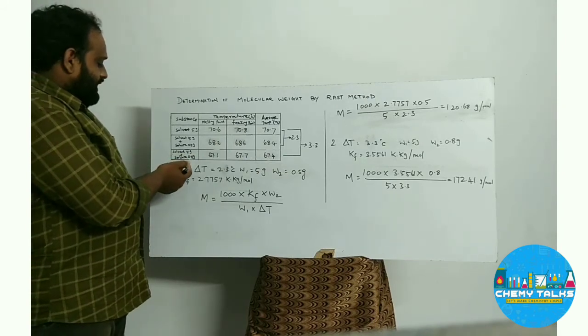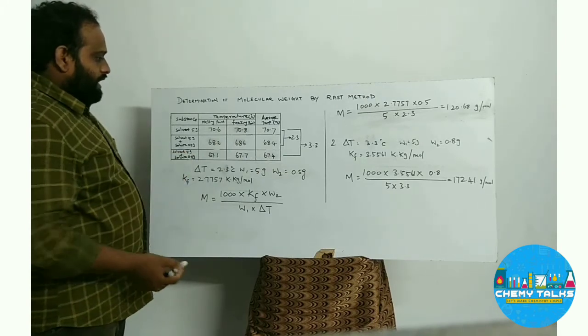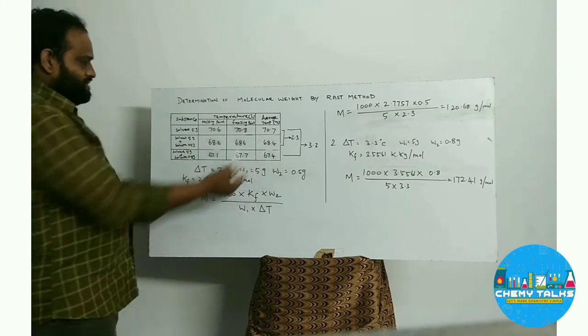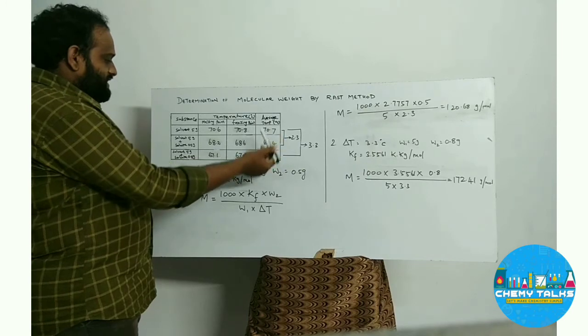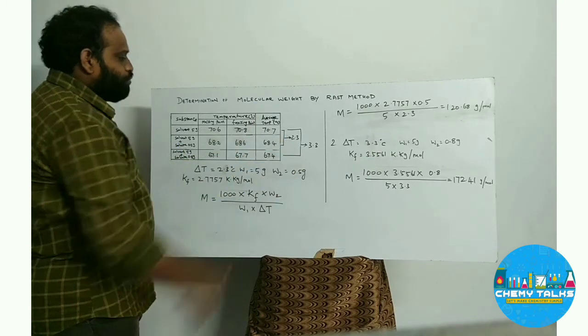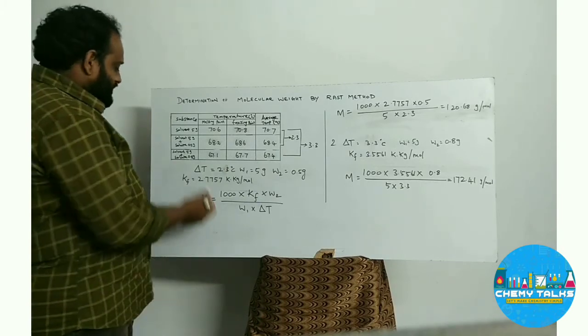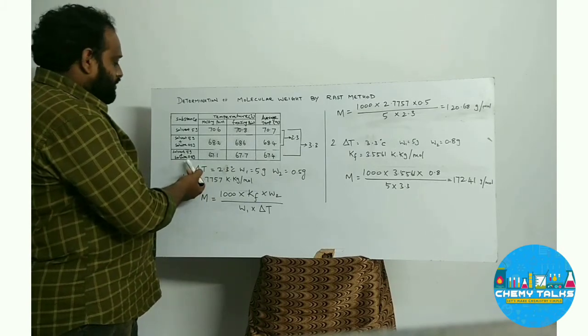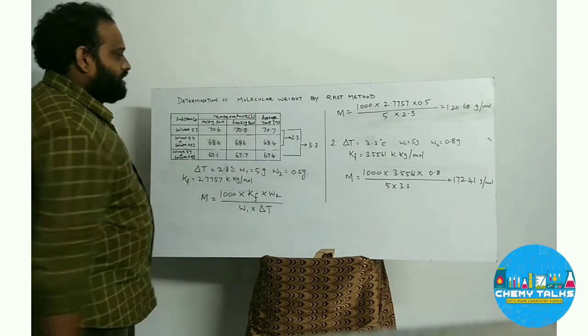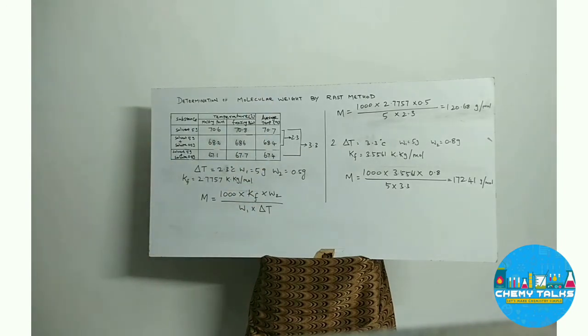And on further adding solute, we get the average temperature of 67.4. So from the solvent and the first addition of solute, we get a temperature difference of 2.3, and after the second addition of solute to the solvent, we get 3.3 degree Celsius as the temperature difference.